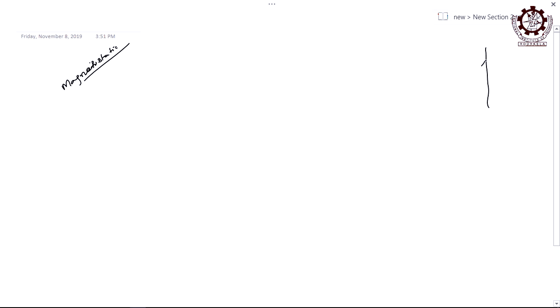So, when there is a current carrying conductor, let us say this is current I, then a magnetic field is created around it, right. The right hand thumb will tell in what direction the magnetic field is around it. If the current is in this direction, just reverse it, this is the direction of the current. If it is like this, this is the direction.